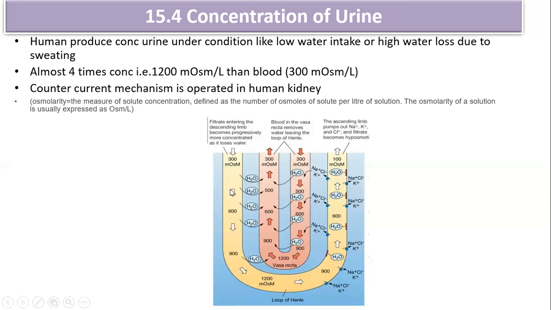You can see over here, this is Henle's loop. The fluid passes through the limb called the descending limb, and then it goes to the ascending limb. That is the first part.